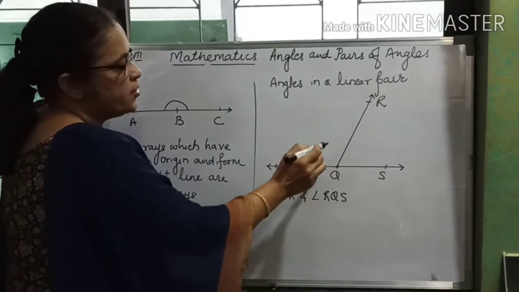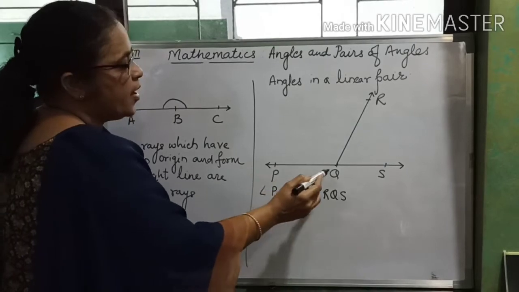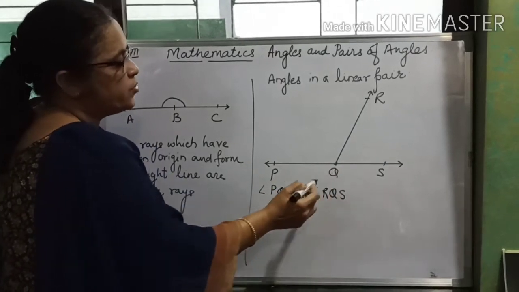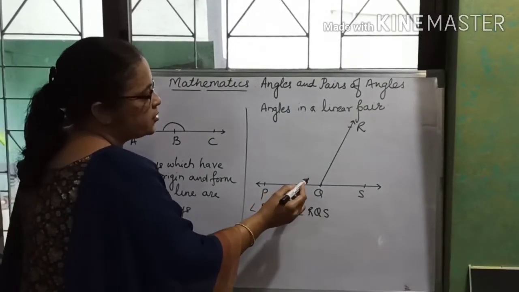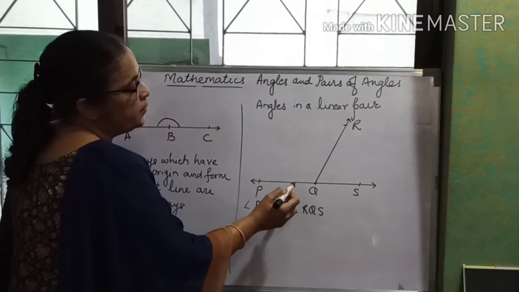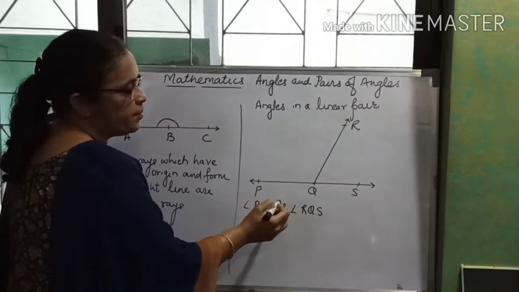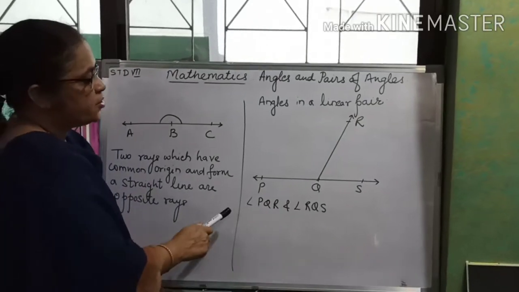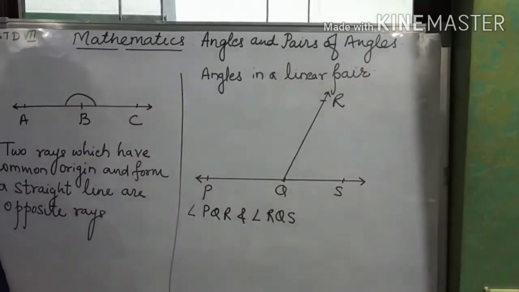Ray QR is common ray and arms QP and QS, they are opposite rays and they form a straight line. Also the measures of angle PQR and RQS, their sum is equal to 180, therefore they are supplementary angles. Such type of pair of angles is called as angles in a linear pair.